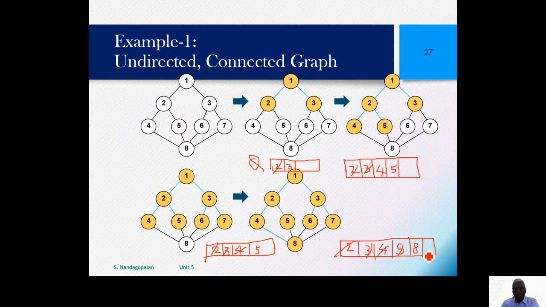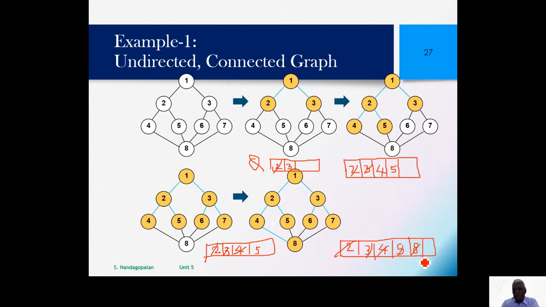Now from 8, I have to explore all the unvisited vertices. Which are those unvisited vertices? None, because all have already been visited. So when I delete this 8, nothing is there to add into the queue because I don't have any unvisited vertices.